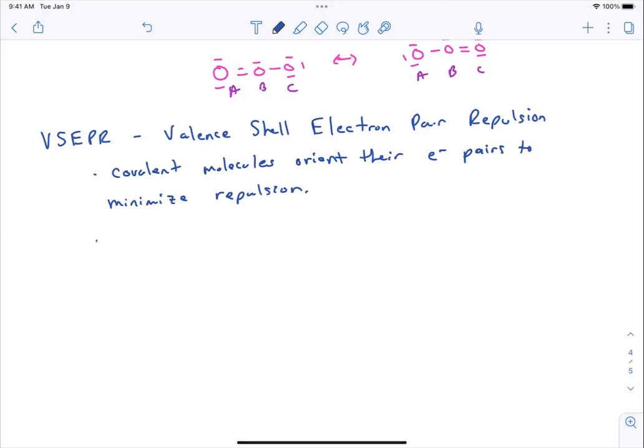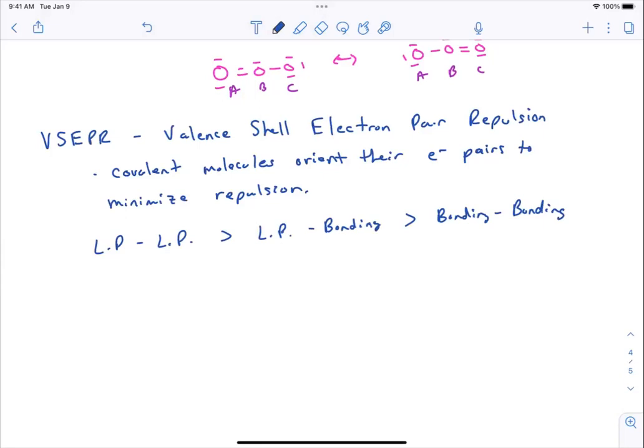And so what you need to know is that lone pair-lone pair has the greatest repulsion, then lone pair-bonding pair, and then bonding pair-bonding pair have the weakest repulsion. So if you're going to keep things apart, you want to keep the lone pairs as far apart as possible, and then you keep the lone pairs from the bonds, and then you keep the bonds apart.